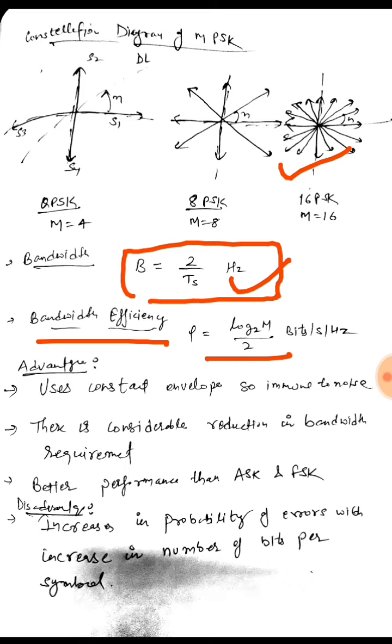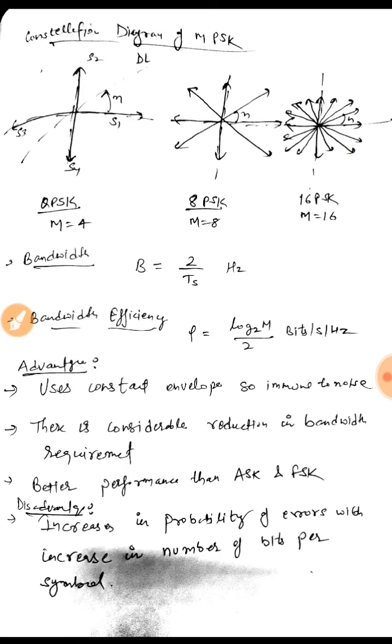So we have seen the M array PSK and M array FSK in this lecture. There are some advantages of M array PSK. It uses constant envelope so as to remain immune to the noise. So the amplitude remains constant for all the symbols having different phases to get immune to the noise.